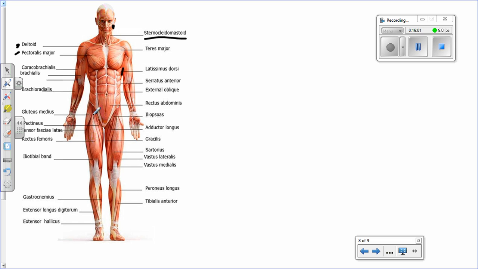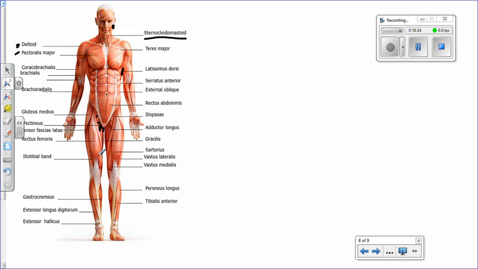You do have to know some of the hip flexor muscles, like the pectineus, which is right here. You have to know the iliopsoas, which is just above that. You have to know the gracilis, which is on the inside of the leg, and then the adductor longus, which is this one that's kind of wedged in between those two. Sartorius, the one that kind of wraps around and goes to the inside of your knee.